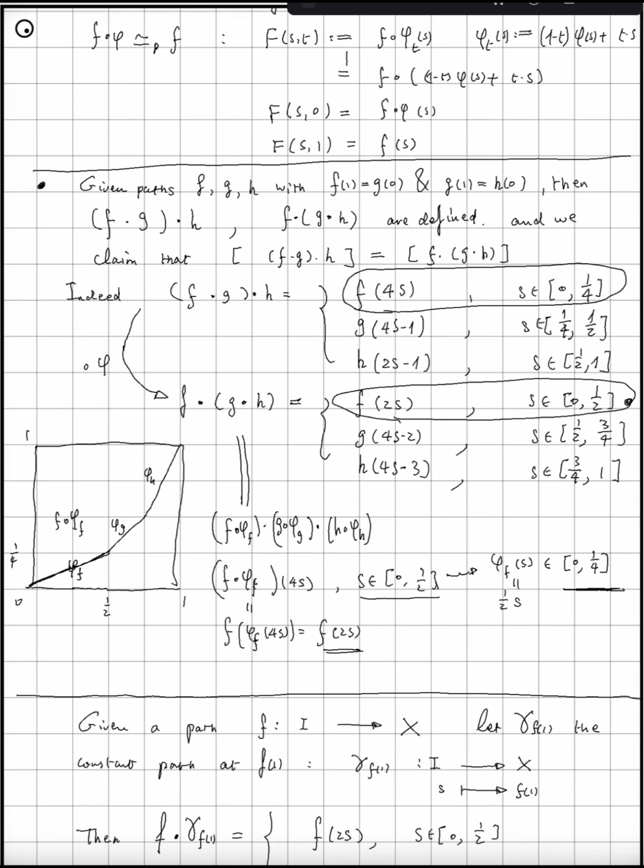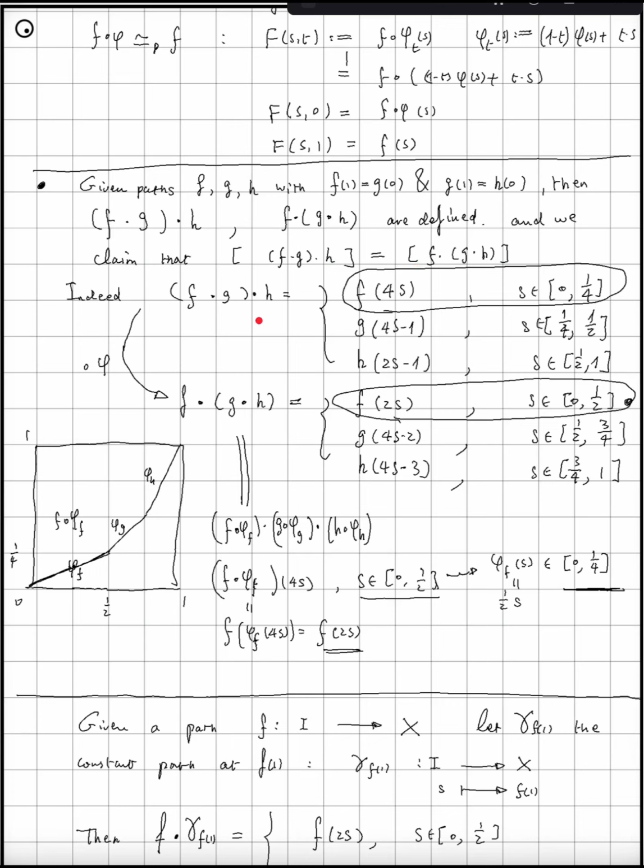Then the concatenation of both f with g and then with h, or you first do g concatenation with h and then f concatenation with this path, both are defined, and what we have to do is check that their homotopy classes are the same.